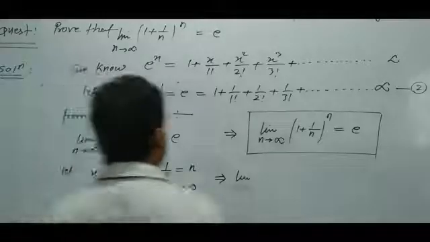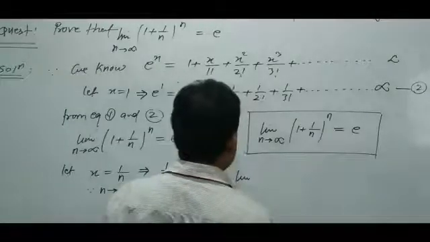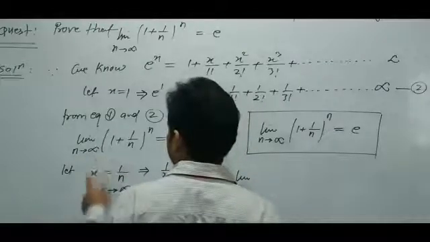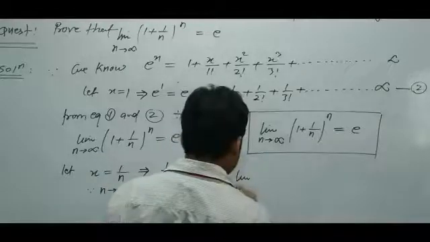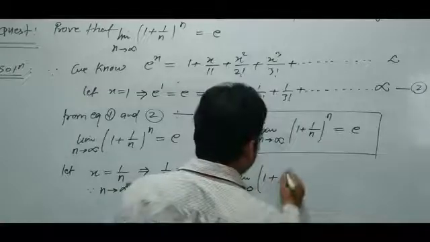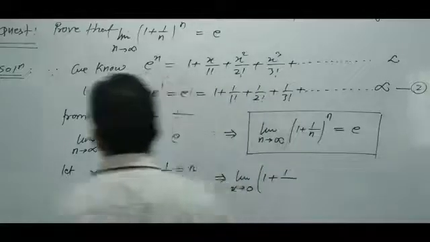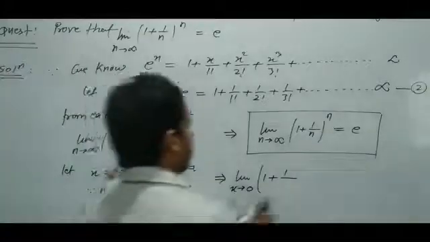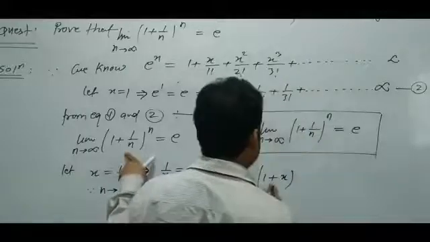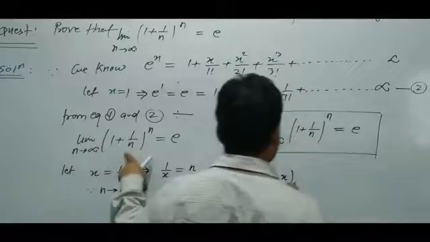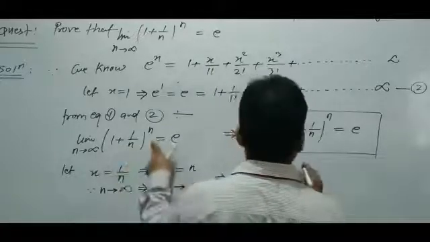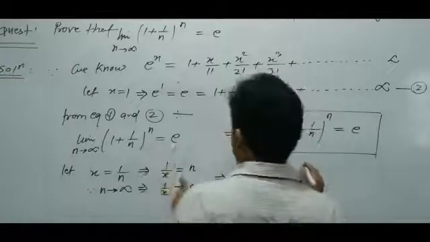So what will be the result? The result will be limit x tends to 0 of (1 plus 1 by n, whose result is x) to the power n, which is 1 by x.